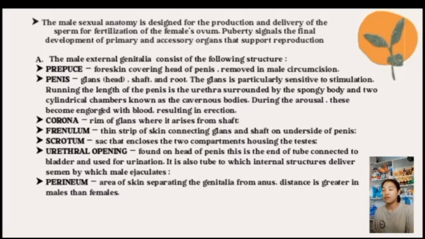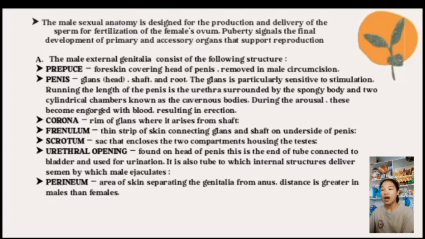Penis glands, so, continue ta. Penis glands, head, shaft, and root. The glans is particularly sensitive to stimulation. The length of the penis is the urethra surrounded by the spongy body and two cylindrical chambers known as the cavernous body.